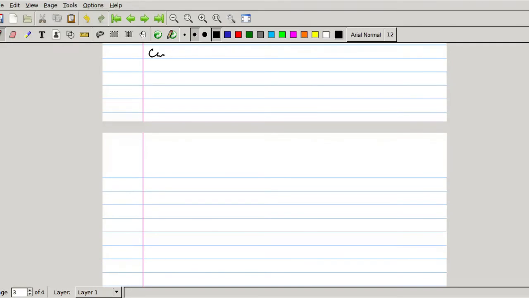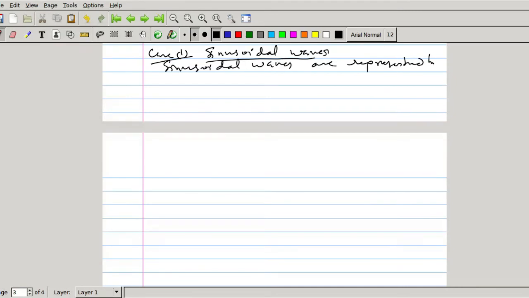Now, as a special case, we will consider a sinusoidal wave. Consider the case with sinusoidal waves. Sinusoidal waves are represented by either a sine function or a cosine function. Here I am taking it as a cosine function.